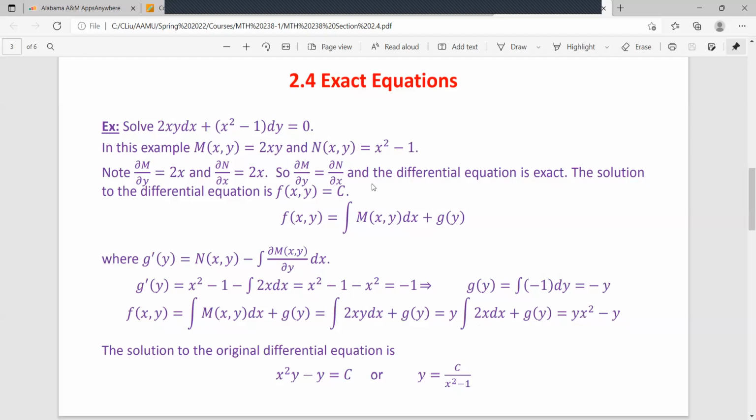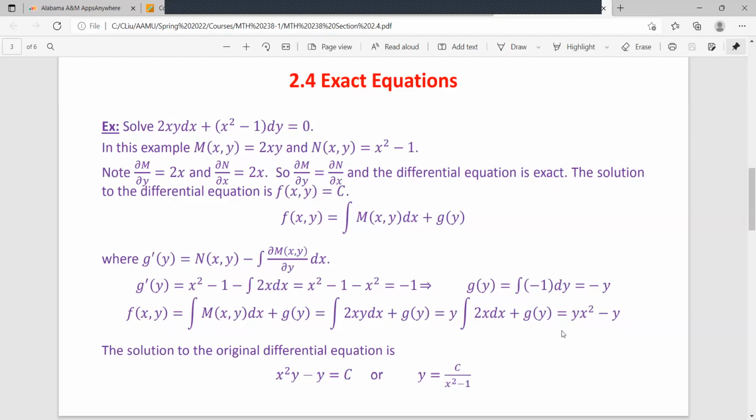So the solution to the differential equation is f(x,y) equal to c. We found the f here, but the solution to the original differential equation is f equal to c. So that's one thing you have to be careful about.